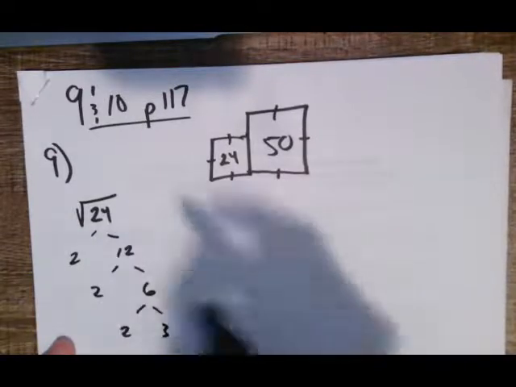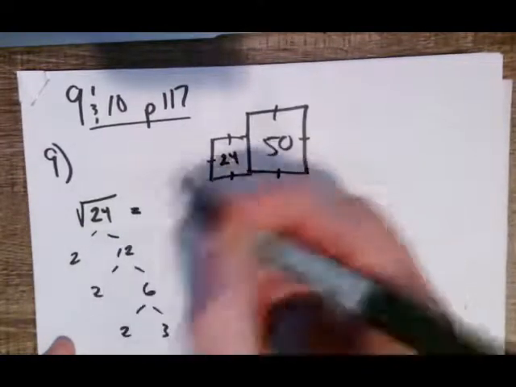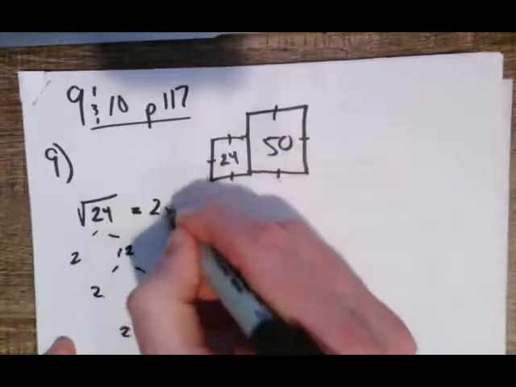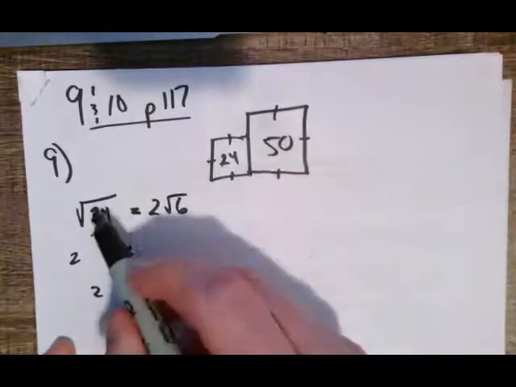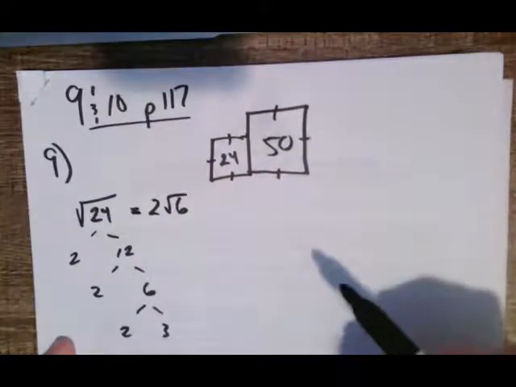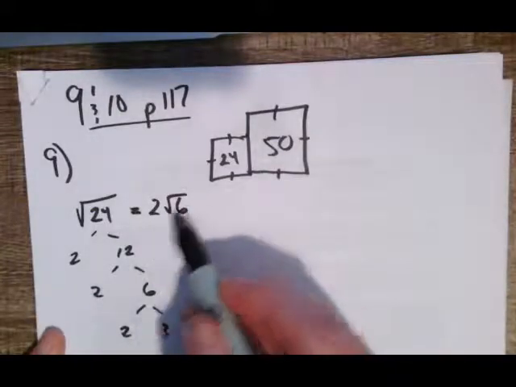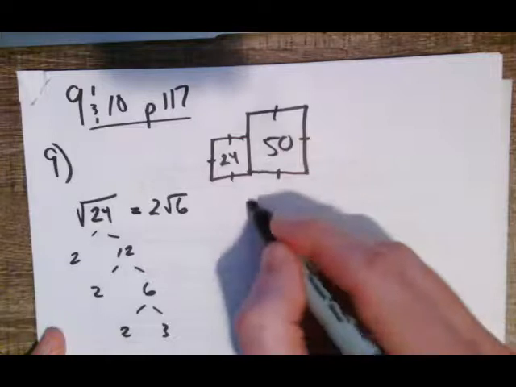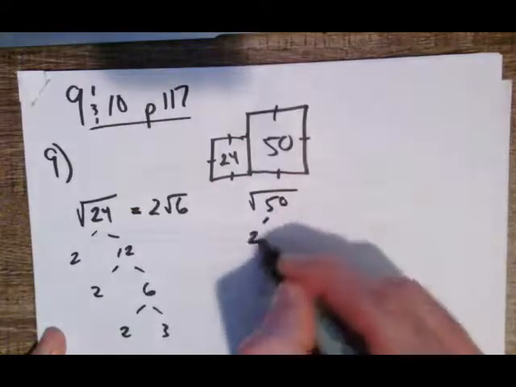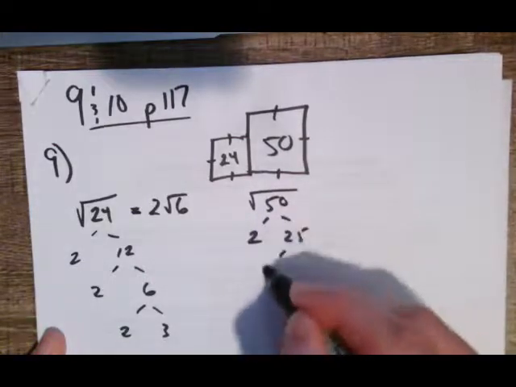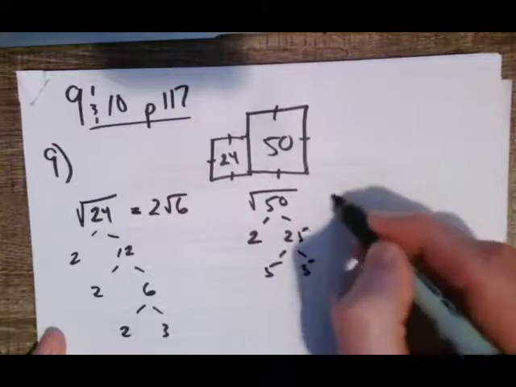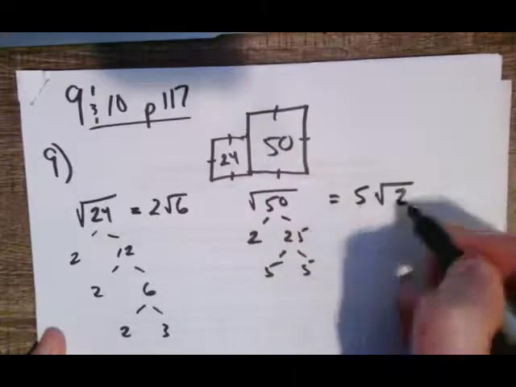So the root of 24 equals 2 root 6. That's the root of 24 simplified. 2 squared is 4, 4 times 6 is 24. For 50, same idea: 2 times 25, 5 times 5, so the root of 50 is 5 root 2.